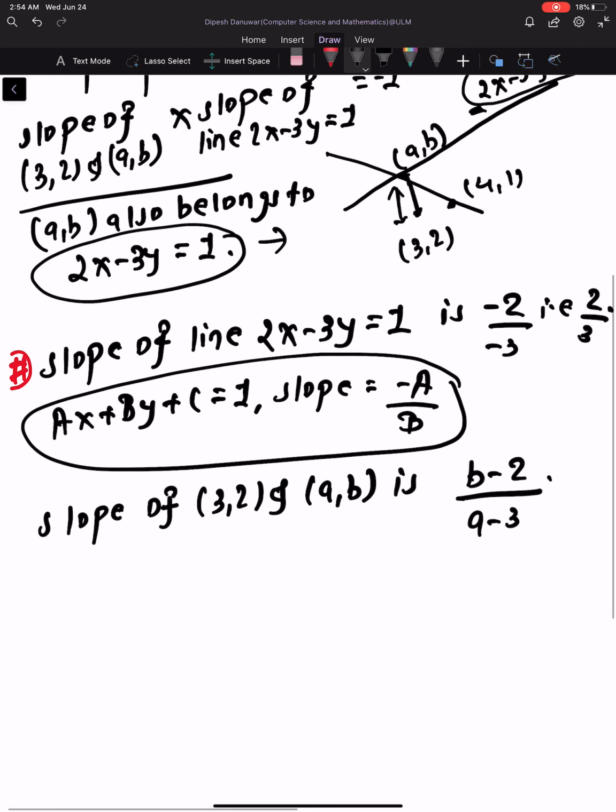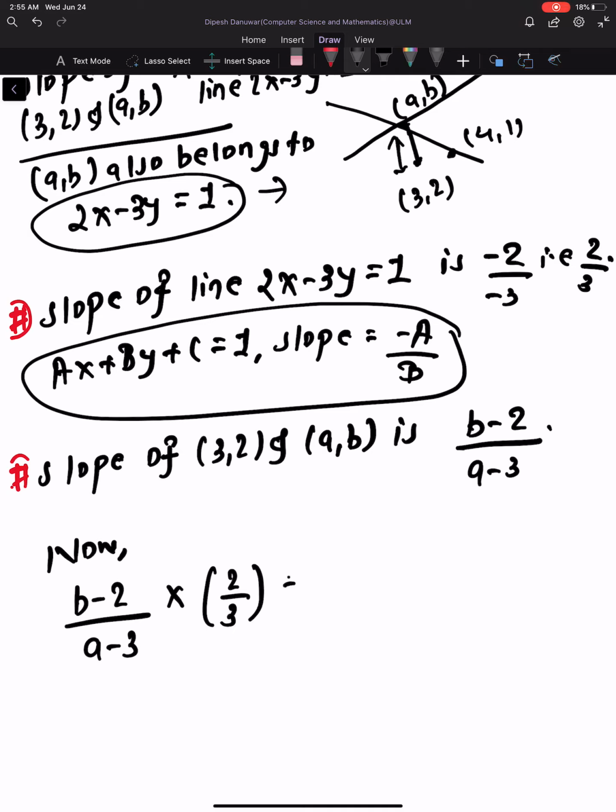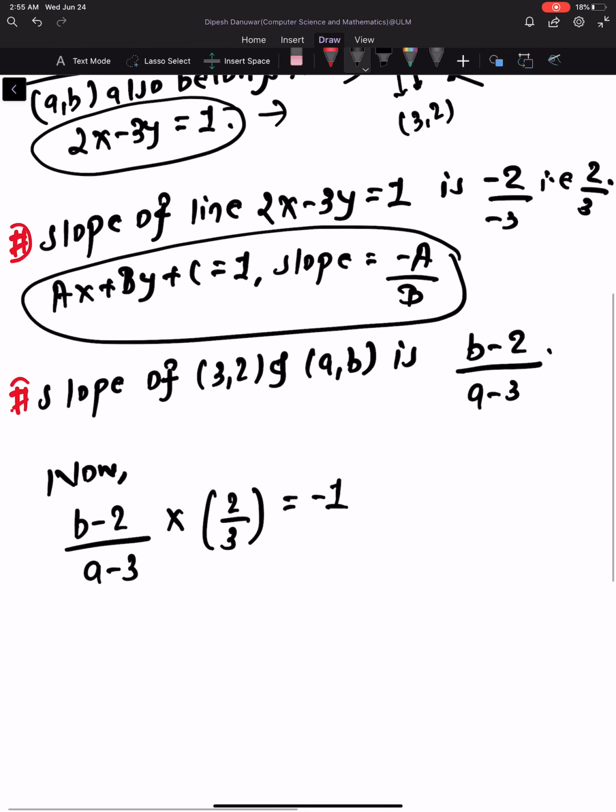So now multiply this. (b minus 2) by (a minus 3) times 2 by 3 is equal to -1. The product of the slopes of two lines perpendicular to each other will be -1.